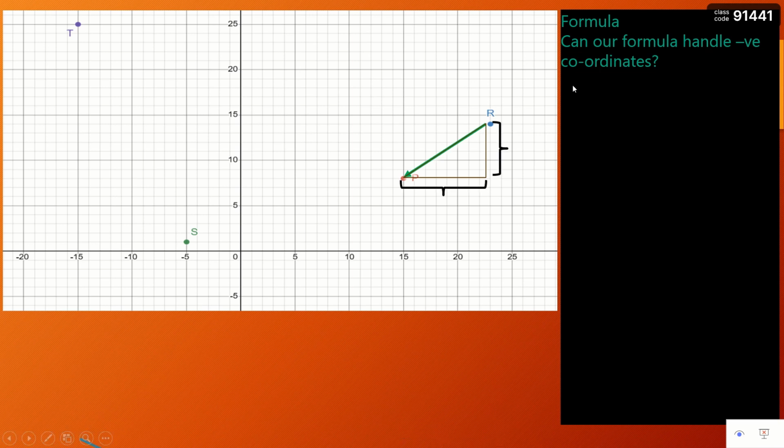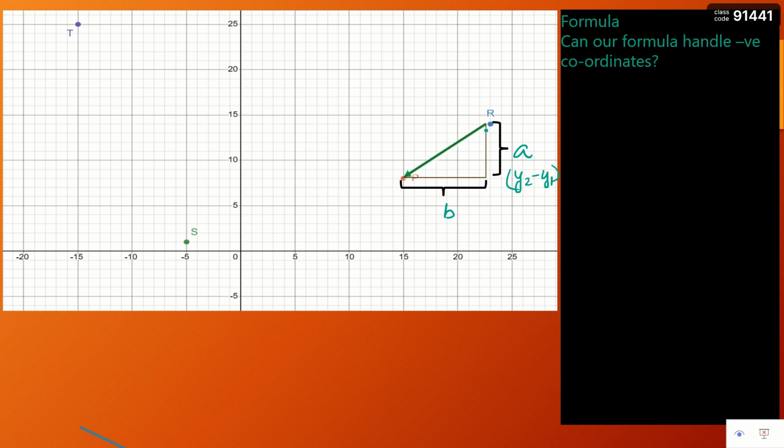So if you remember, in the last video we found the length of RP by finding the values of side A and side B, and we found that side A was given by y2 minus y1, where y2 is the y coordinate of point R and y1 is the y coordinate of point P, represented here.